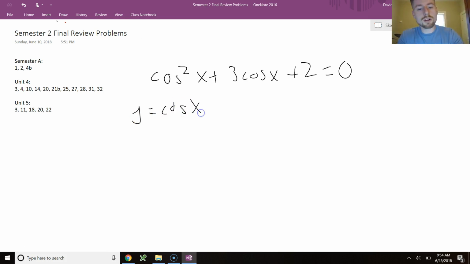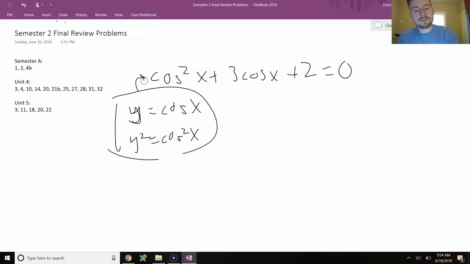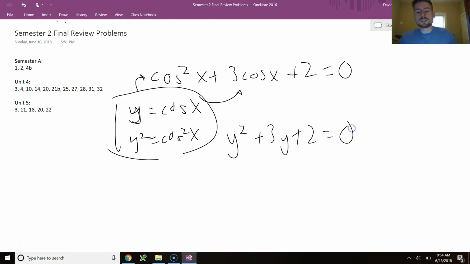We have y equals cosine of x, because that's the expression that's in the quadratic form. So that gives us y squared equals cosine squared x. And so if we make this substitution for each of these, this gives us y squared plus 3y plus 2 equals 0. So first try factoring. If it doesn't factor, quadratic formula.